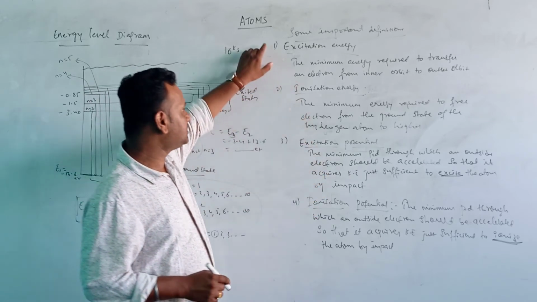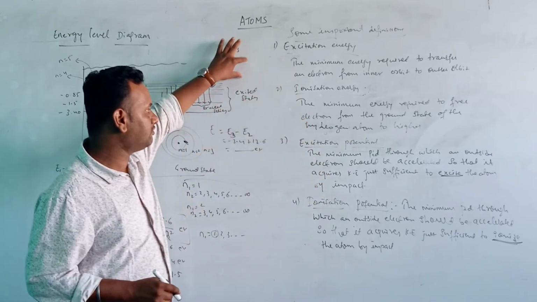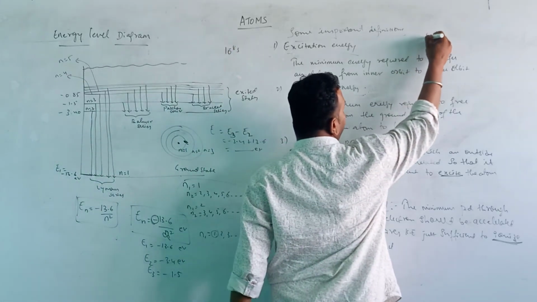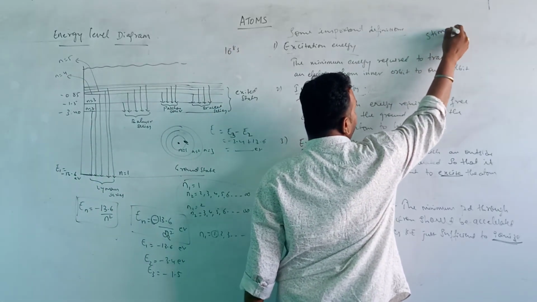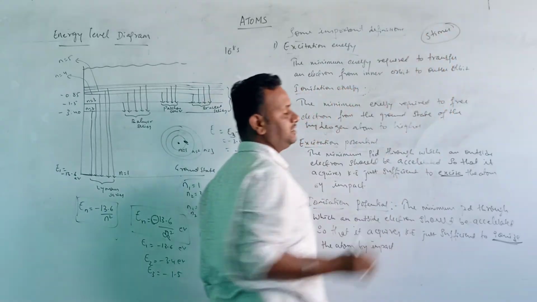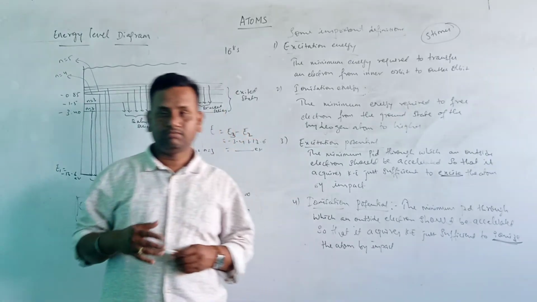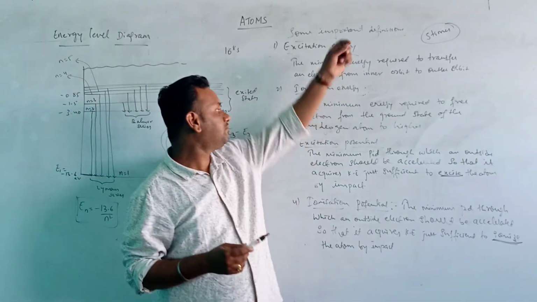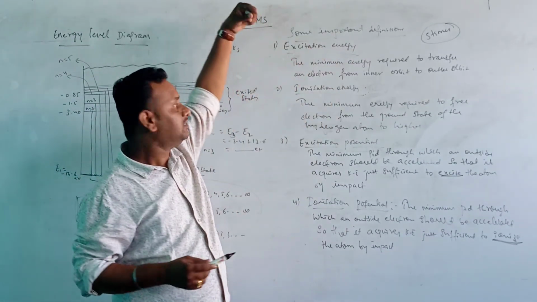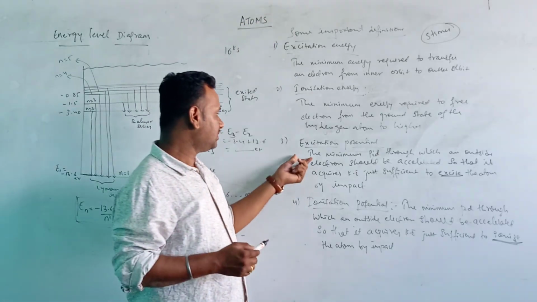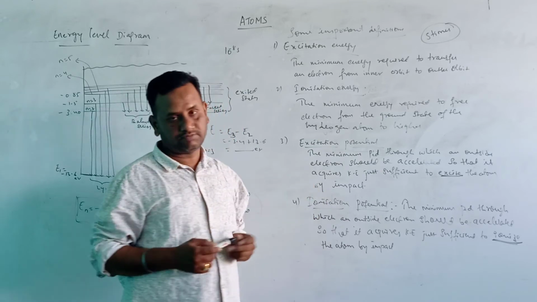You should remember all these definitions. At least practice each definition 5 times, because in previous board exams they have asked one of these definitions. Sometimes they ask excitation energy, sometimes ionization energy, or excitation potential or ionization potential.